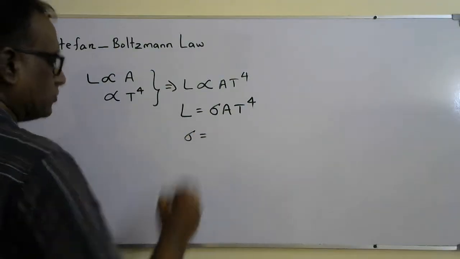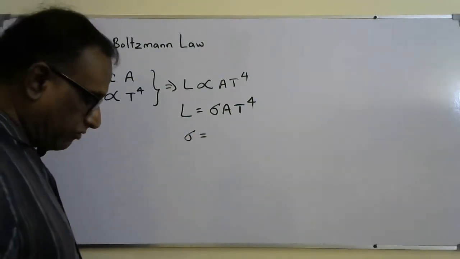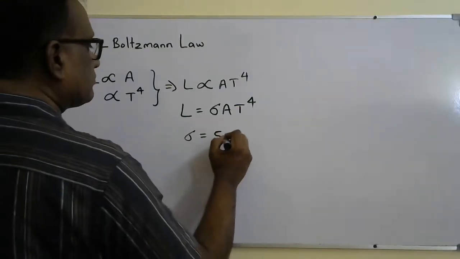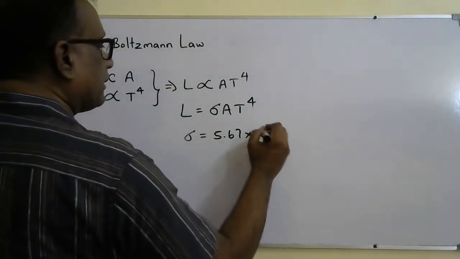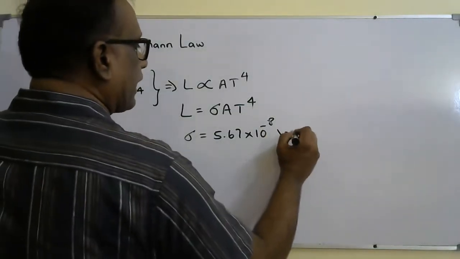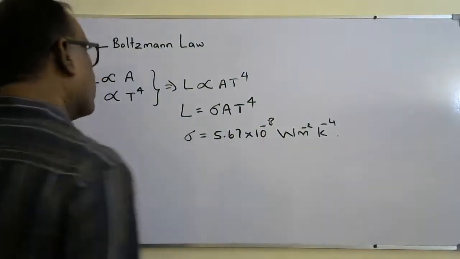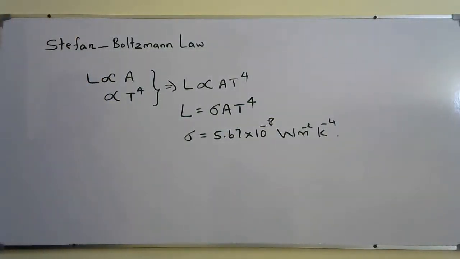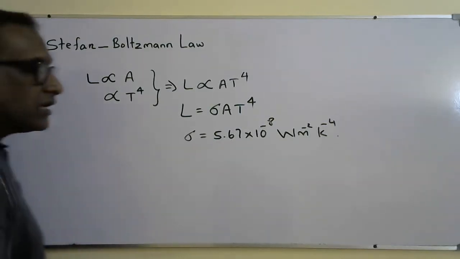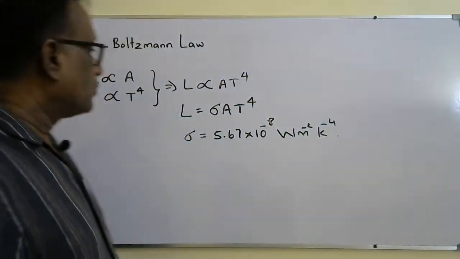The sigma value, given in the data sheet, is 5.67 times 10 to the power minus 8 watts per meter squared Kelvin to the power minus 4. That's the value of the Stefan-Boltzmann constant. So this is the first equation, and there were calculations based on it.